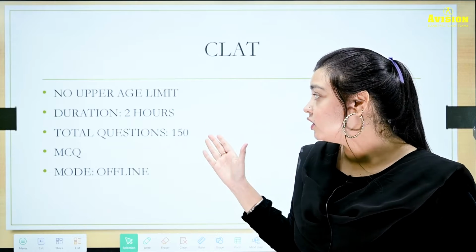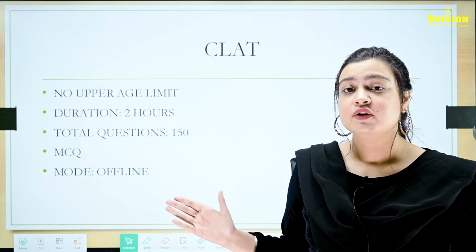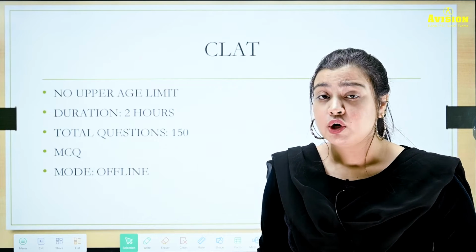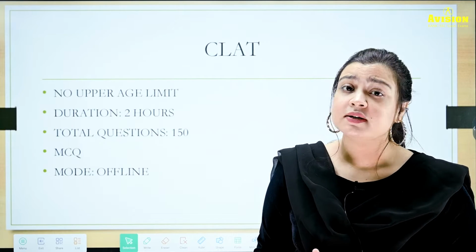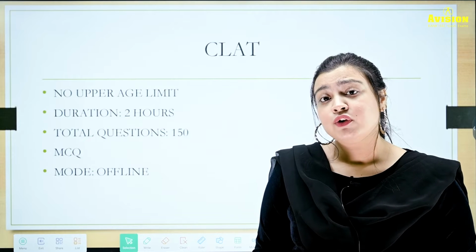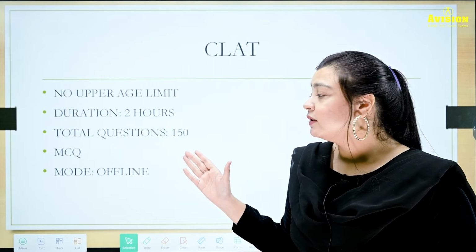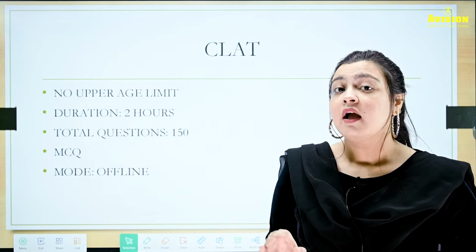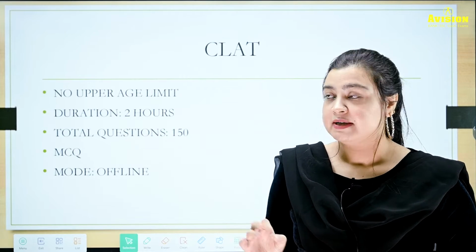There is no upper age limit, so you can appear whenever you want. So if any of you have backlog years, there is nothing to fear. You can appear for this examination, but the only criterion is that you have to be +2 qualified.